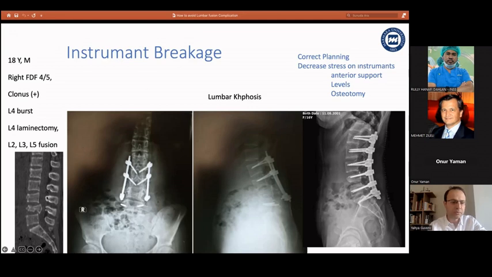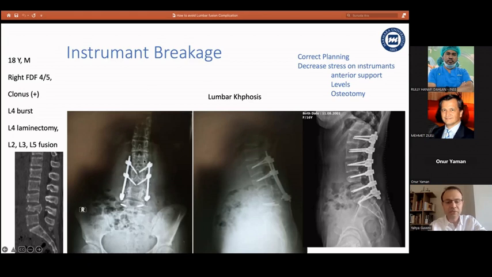For example, this patient is 16 years old. She has a burst fracture here, and she was operated like that. If we make correct planning, we can prevent complications.